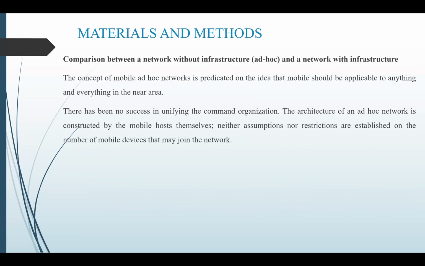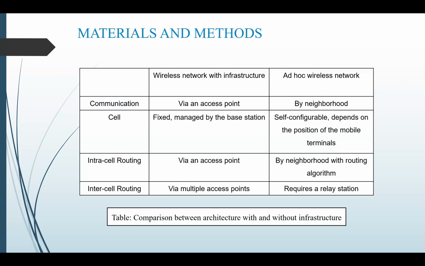We have a comparison between the network without infrastructure, which means the ad hoc, and the network with infrastructure. We see the communication cell, intercell routing, and intracell routing. For the network with infrastructure, there must be an access point. For the ad hoc, it can be done by a neighbor, any node's neighbor, for sending.